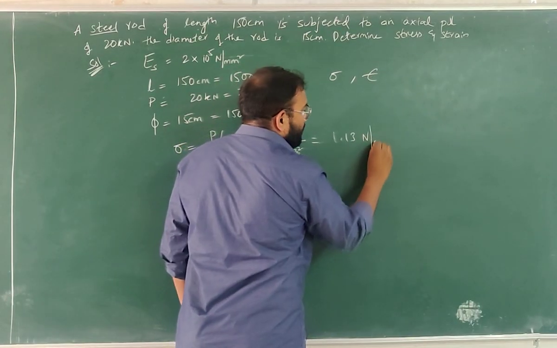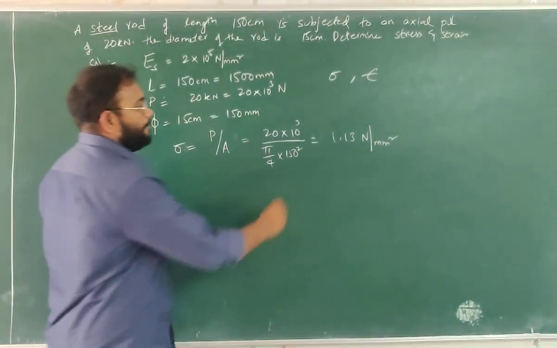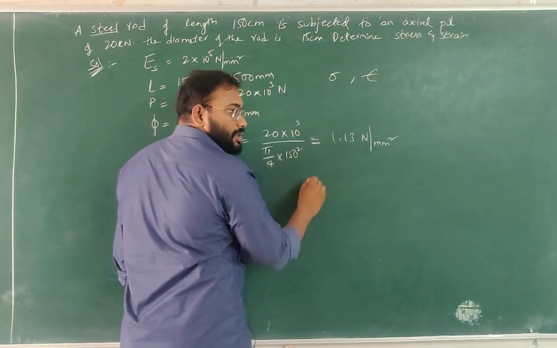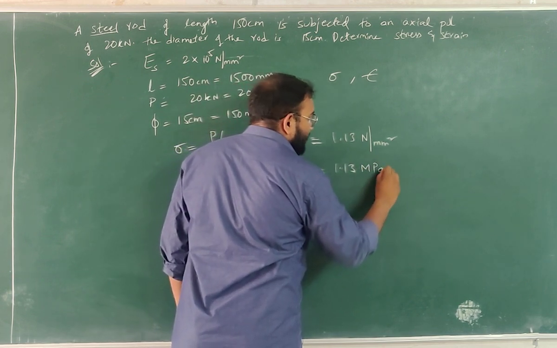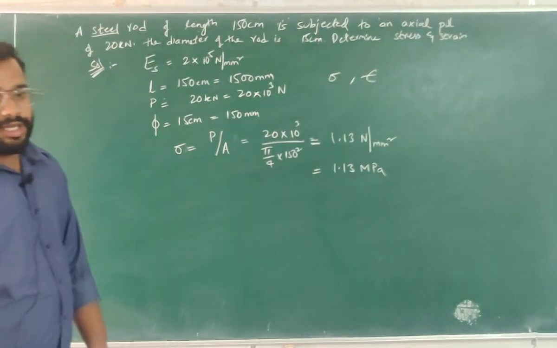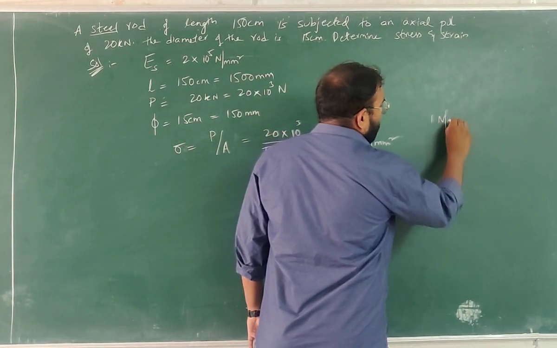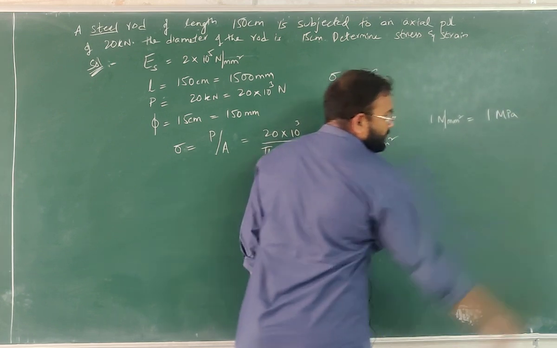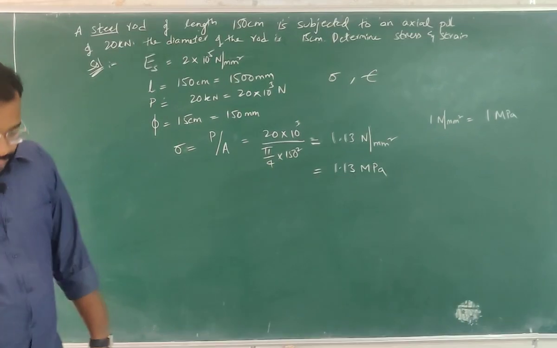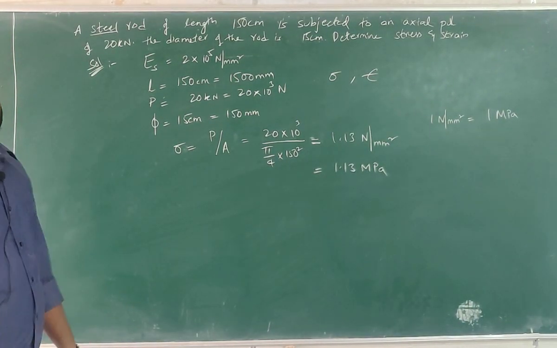So this is Newton per millimeter square, which is directly equal to 1.13 megapascal. 1 Newton per millimeter square is equal to 1 megapascal.